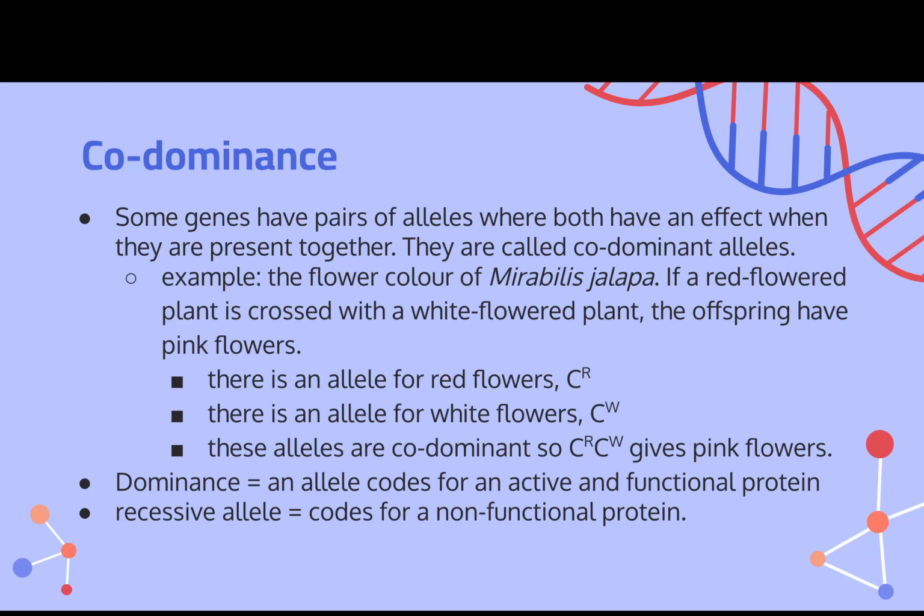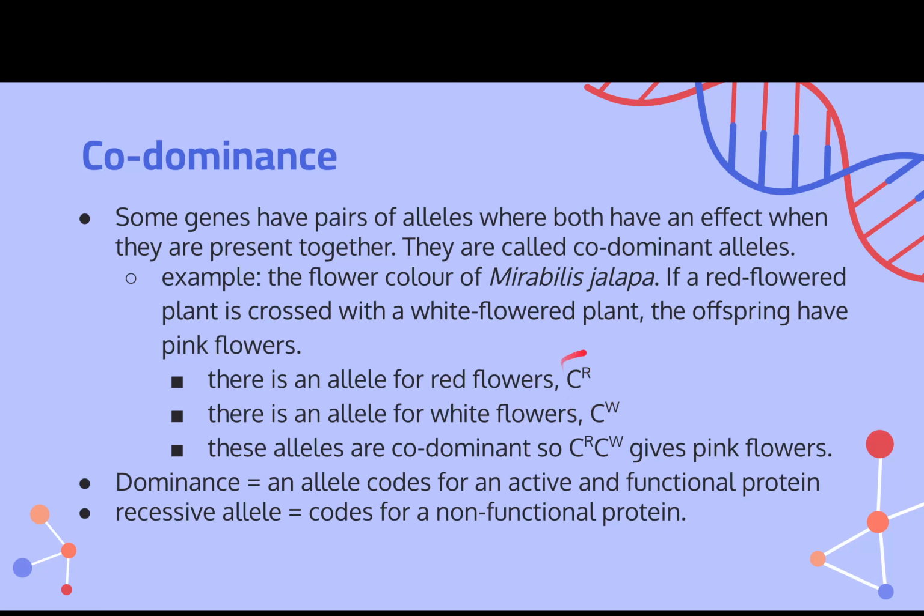So if you look at the notation, pay close attention to the notation. It doesn't work the same way as normal Punnett square notation or normal allele notation that we do. It works as a superscript. So for red flowers, the allele is CR, and for white flowers, it's CW.